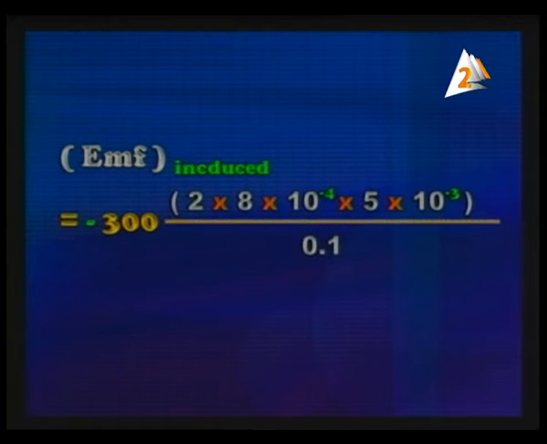EMF induced in this case will be equal to negative, the sign indicating Lenz's rule, number of turns 300, times 2 times 8 times 10 to the power of negative 4 times 5 times 10 to the power of negative 3, over the time, which is given to be 0.1. So EMF is equal to negative 0.024 volt. Your attention: when the coil is reversed, delta phi magnetic equals 2 phi, and phi is equal to the product of area and flux density.